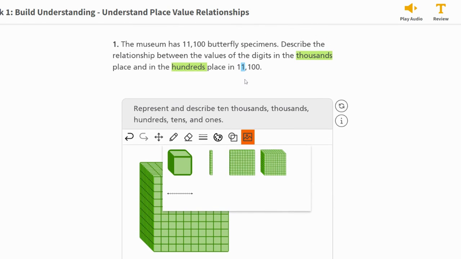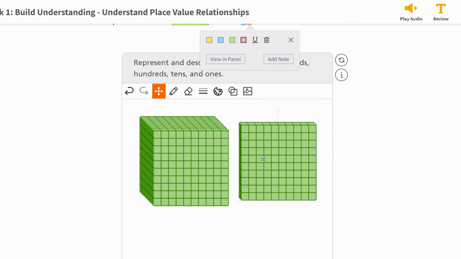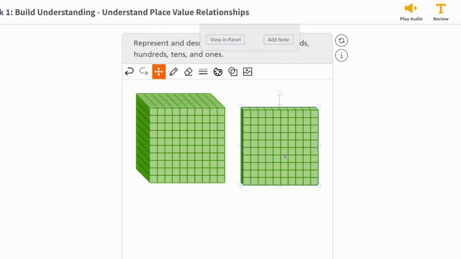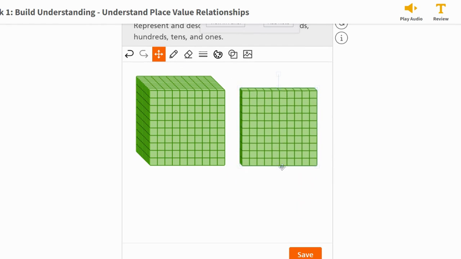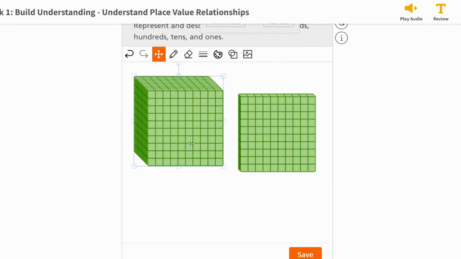So let's get out our little image, a thousands block. But then we're looking at the hundreds place. The hundreds place is just this little flat. So let's go back to our thing. I can think to myself, well, if I were to take 10 of these hundreds flats, that would give us 1,000. So 1,000 is 10 times bigger.